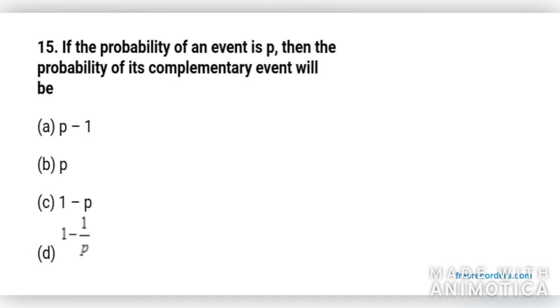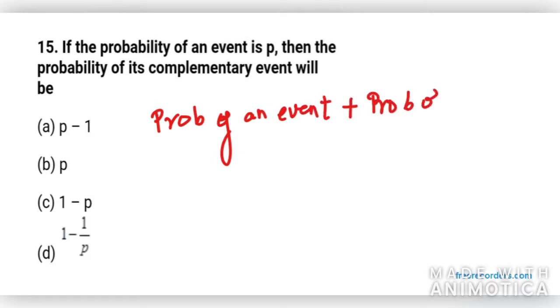Next question, if the probability of an event is P, then the probability of its complementary event will be. Complementary basically means the other event that is happening alongside the P event. For this we have a formula: probability of an event plus probability of complementary event is equal to 1.